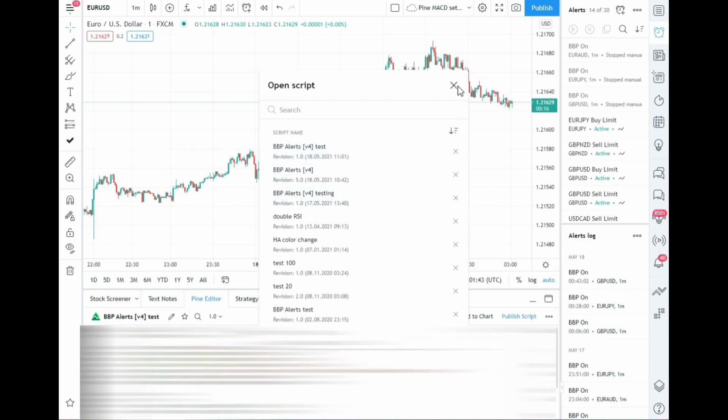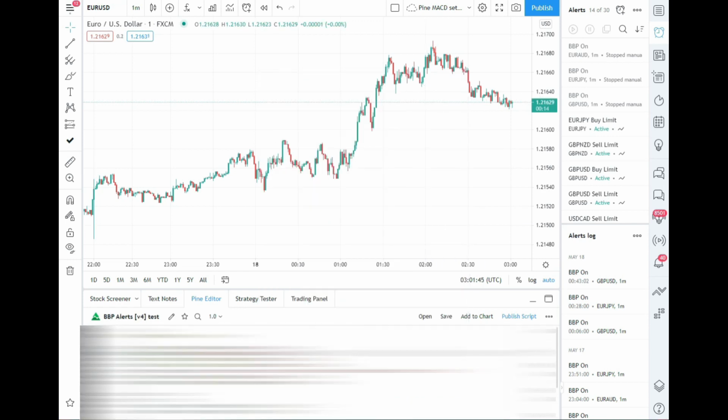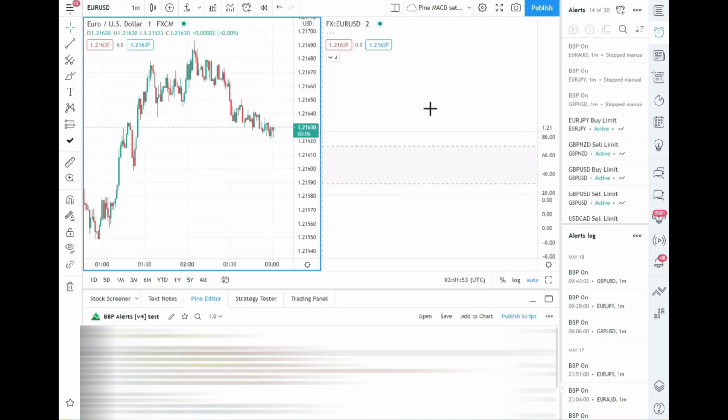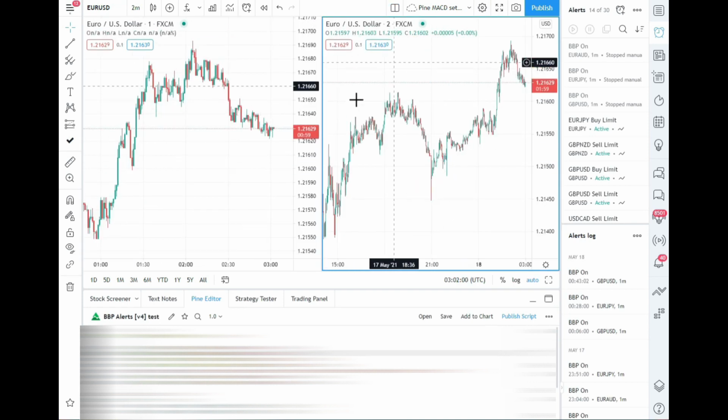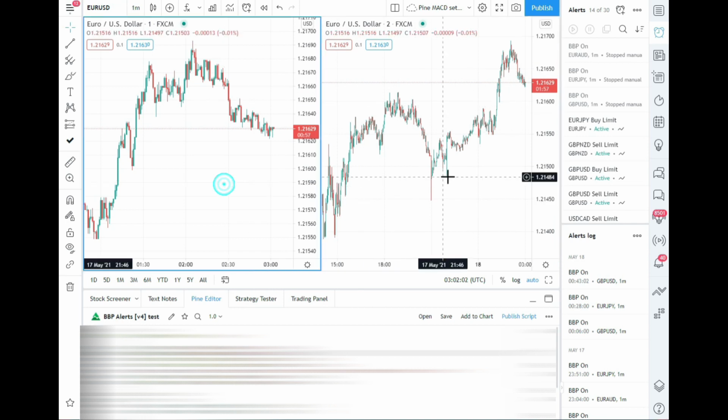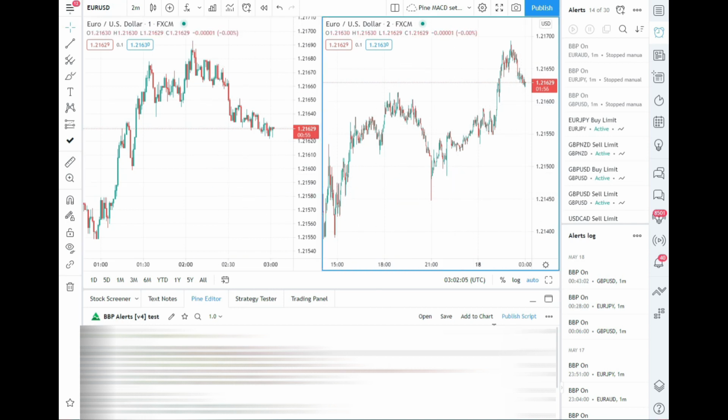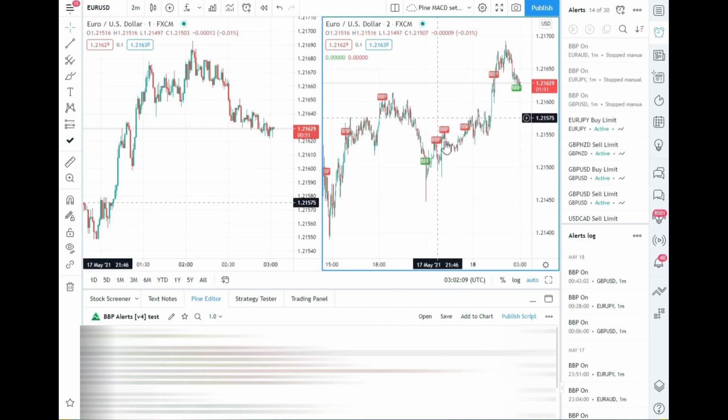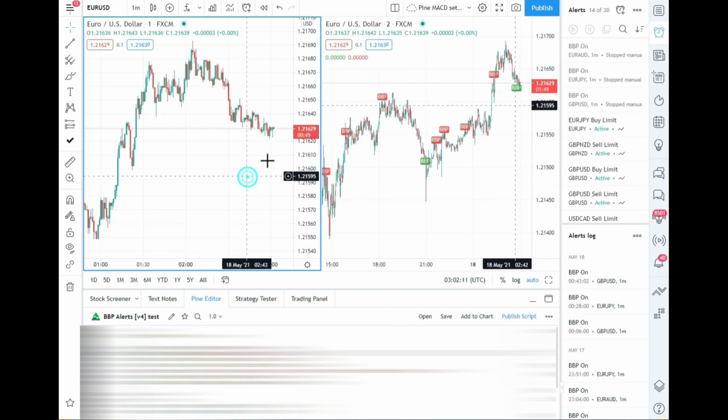Once you do that, all you have to do is left click on the chart, whichever chart you want. You could actually have two charts. Say for example, if you are a premium user, you can have two of these, and then you just click whichever chart you want, click add to chart, and you can see the BBP symbols appear. Then you click the next chart, add to chart, and this symbol will appear.